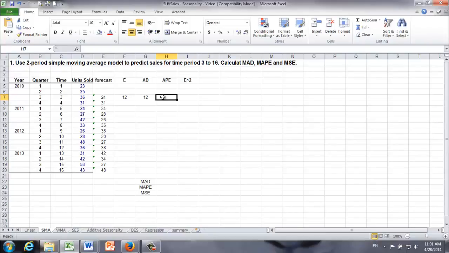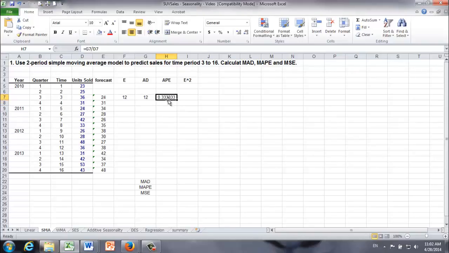Here's how we're going to calculate that. It's equal to the absolute deviation divided by the actual sales. Return, we get the absolute percentage error.